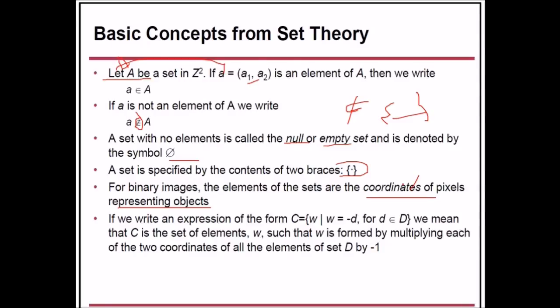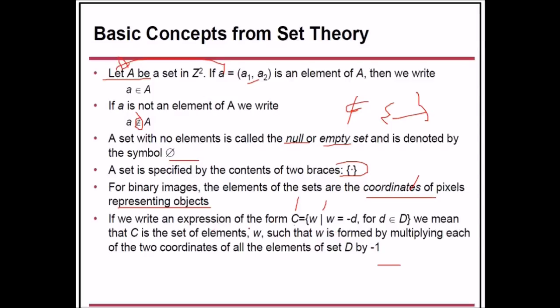So if we write an expression in the form C = {w | w = -d, for all d belonging to D}, we mean that C is a set of elements w formed by multiplying each of the two coordinates of all the elements of set D by -1.